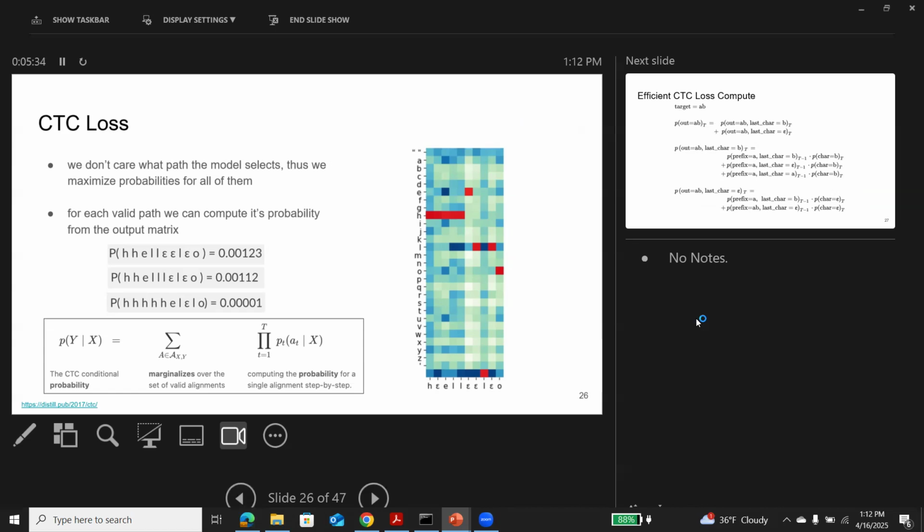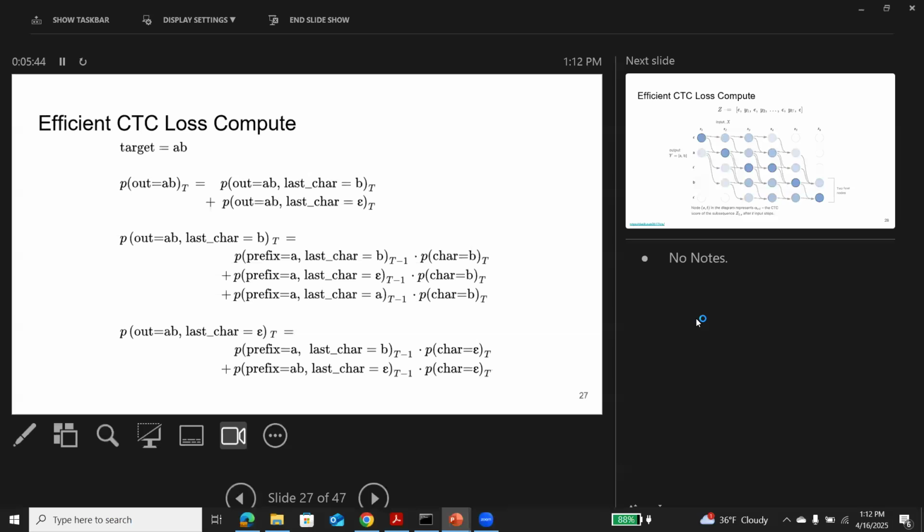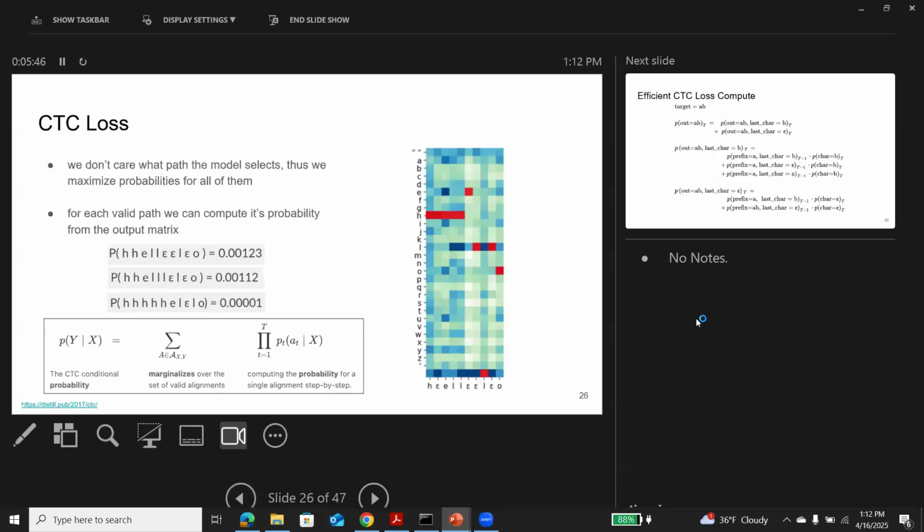So in this CTC loss, in 2015 it was proposed to use only valid predictions. So what is this? Well, first of all, the next slide shows how to compute the probability recursively.